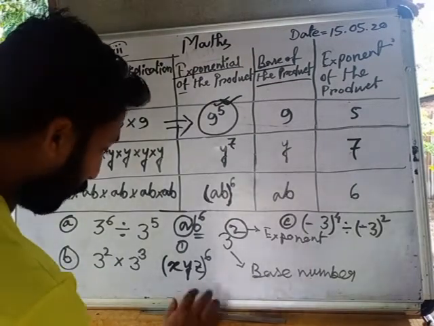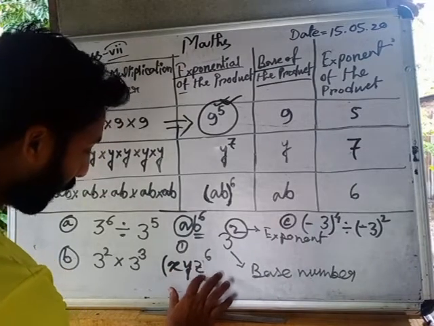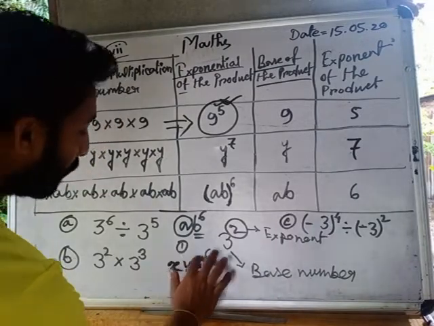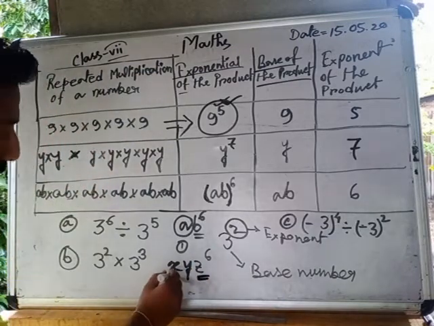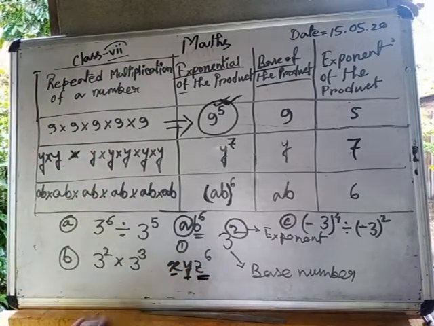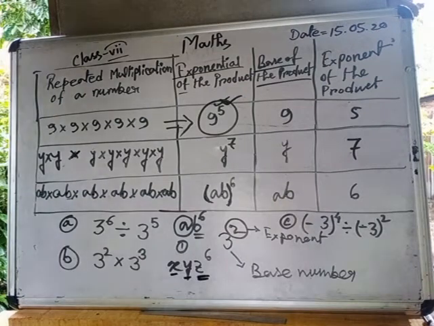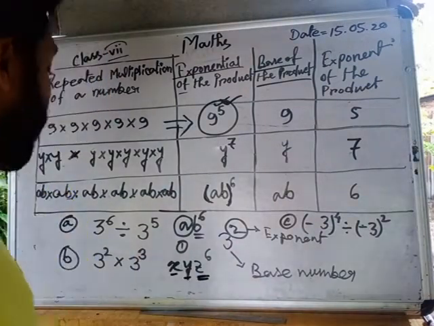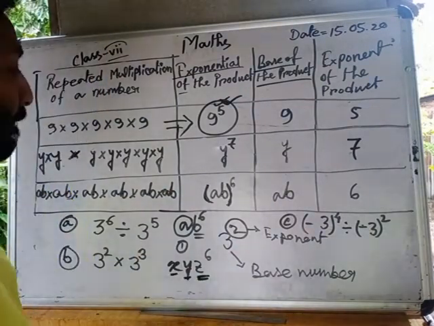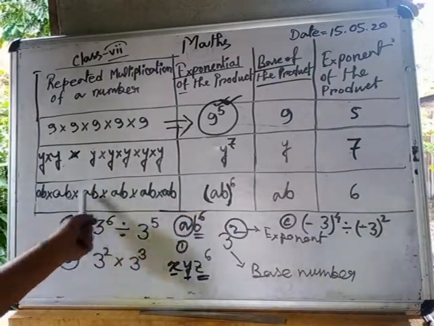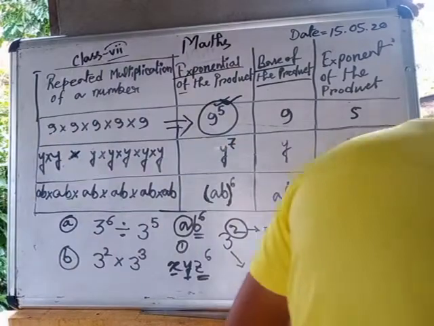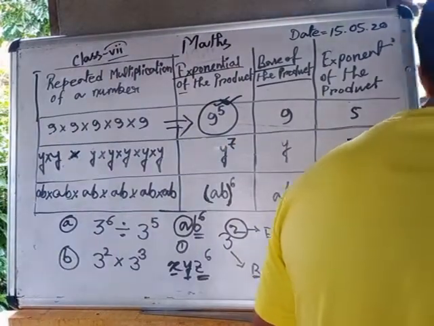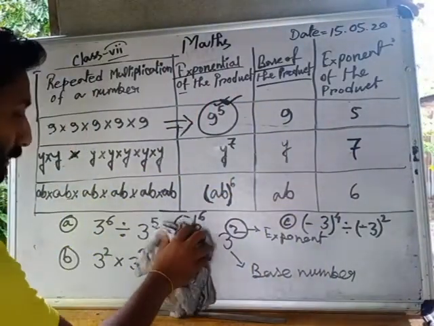If you don't use the bracket, z will be multiplied 6 times, but x and y will be multiplied just 1 time. So you should use the bracket when the same number of times is multiplied. After that I will tell you how to solve it.